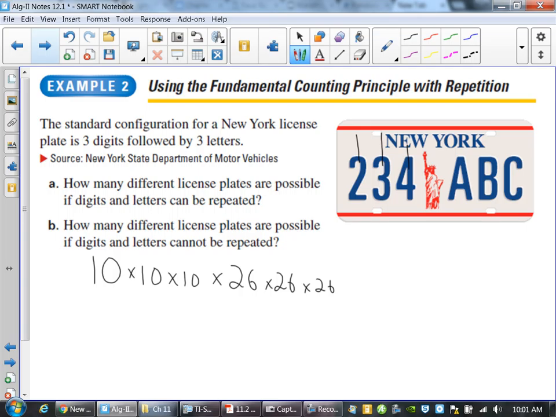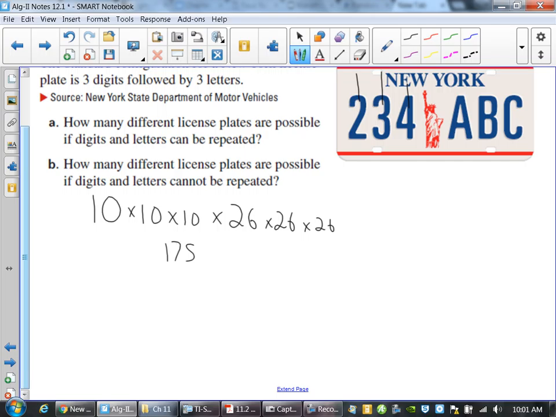So that tells you for just that one style of license plates, if you allow numbers and letters to be repeated, you get 17,576,000 possible mixes of letters and numbers. Not including custom. It's just numbers and letters being repeated.